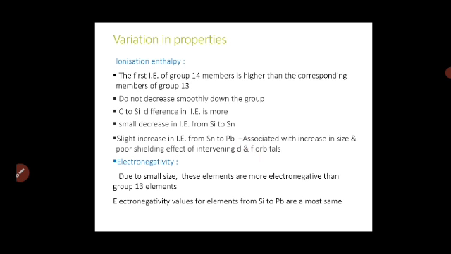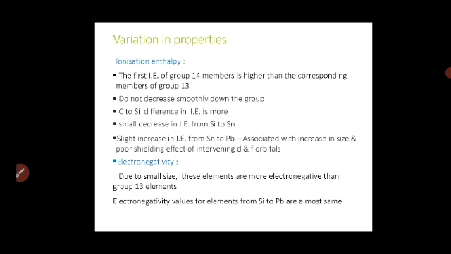But it is not a continuous decrease. From carbon to silicon, it decreases very much, whereas from silicon to lead, the electronegativity values remain almost the same, meaning there is no large difference in electronegativity.